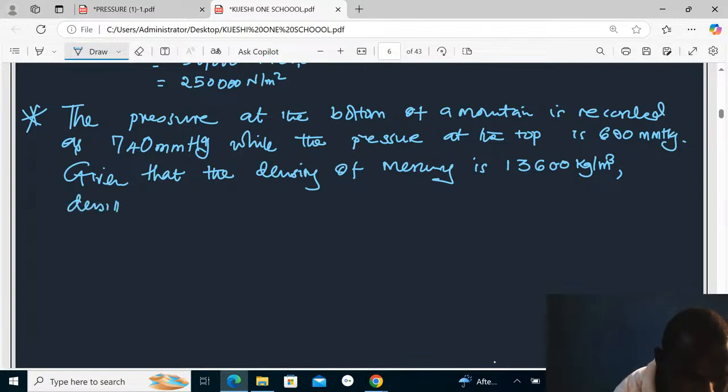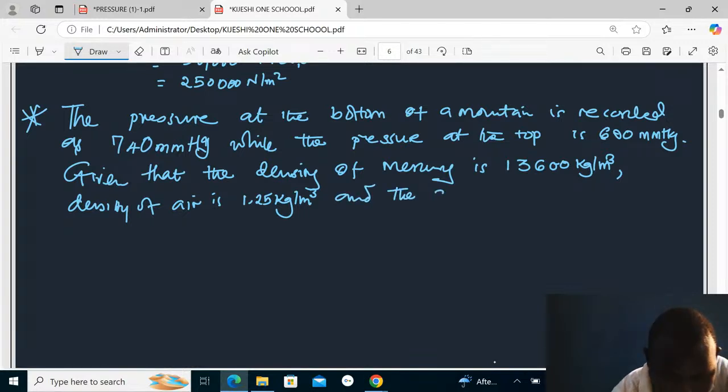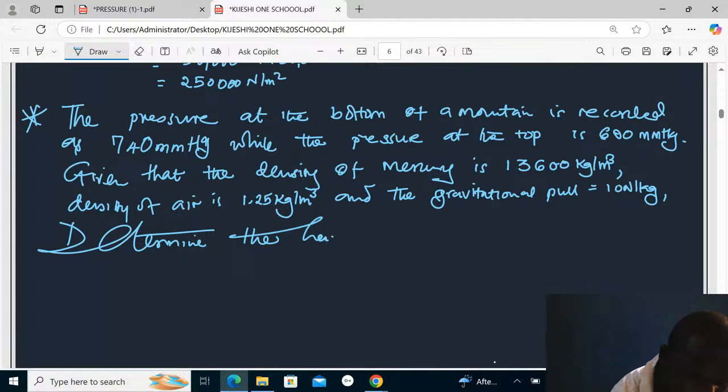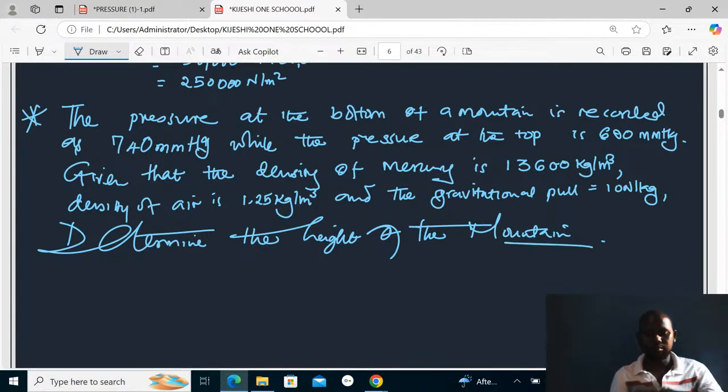Density of air is 1.25 kilograms per cubic meter, and the gravitational pull is 10 newtons per kg. Determine the height of the mountain.